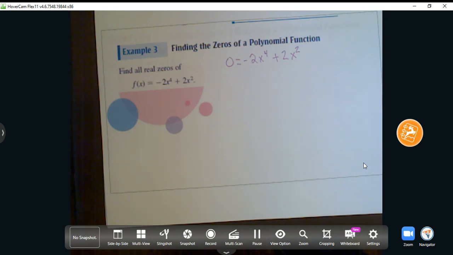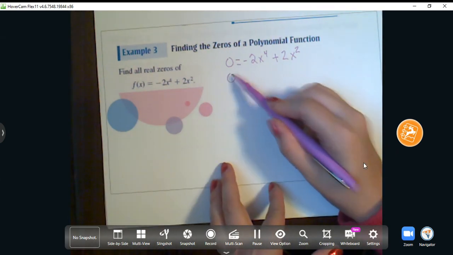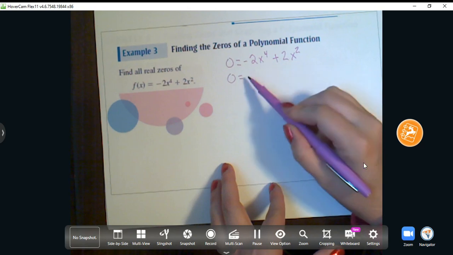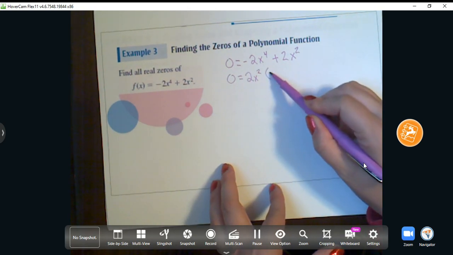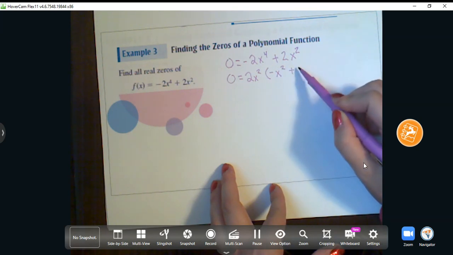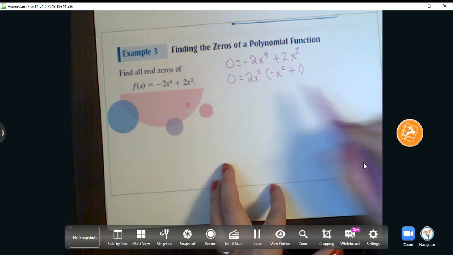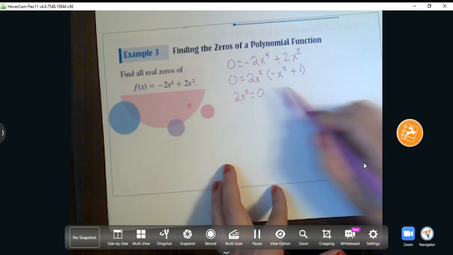And then we're going to look at a little bit later what happens if we can't factor it. In this case, we can factor it. So we have 0 equals, I have a greatest common factor of 2x squared, which leaves me with a negative x squared plus 1. So then I'm going to set each of my factors now equal to 0.